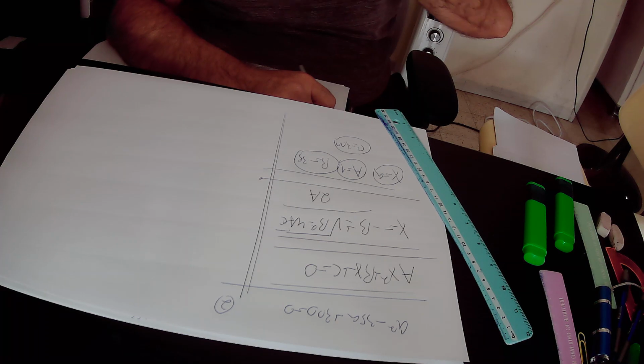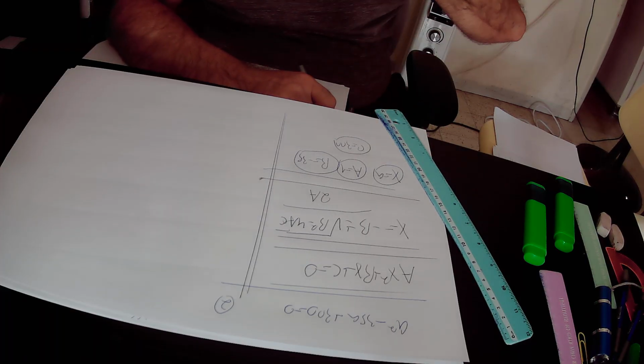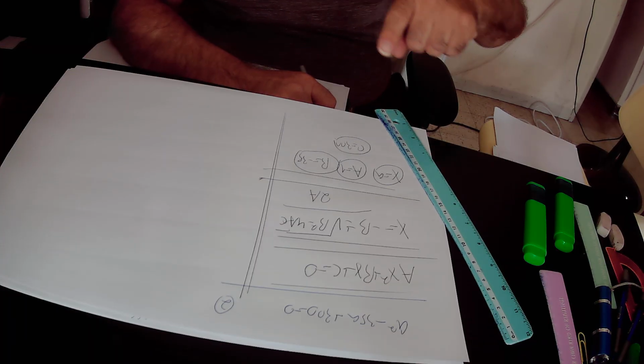The only thing left to do is to put the data of our specific quadratic equation inside this general formula for x. In this way, we find the value or the values of a, because a is the variable that we're looking for.